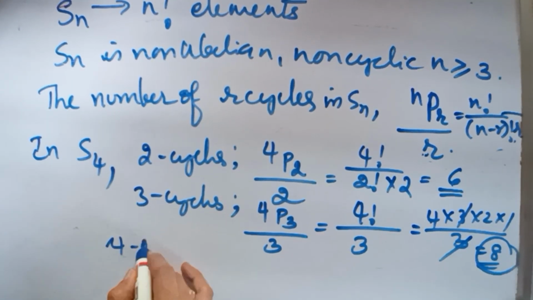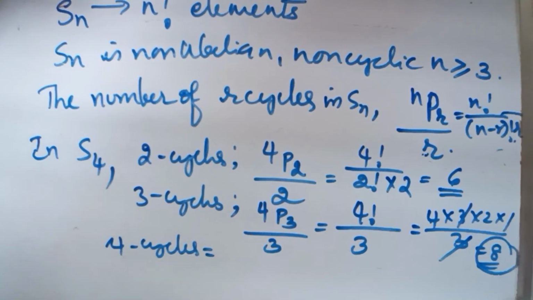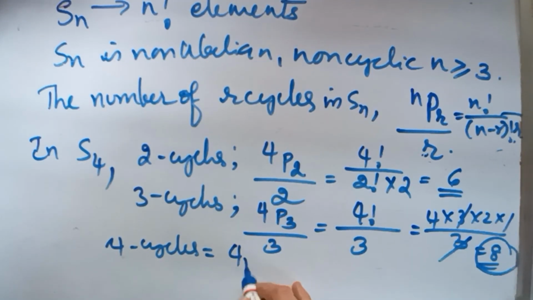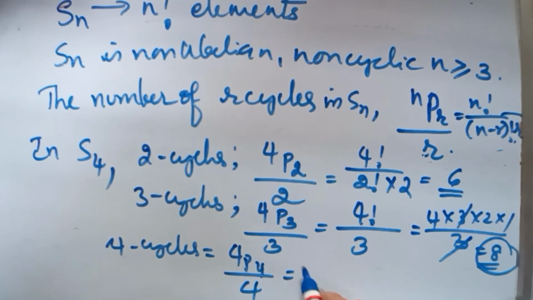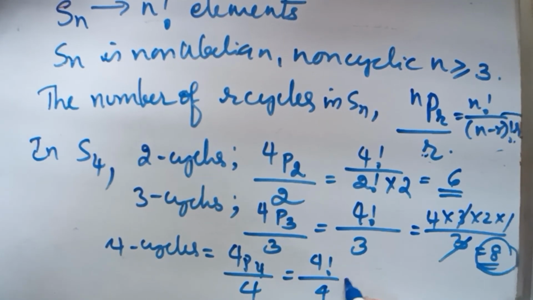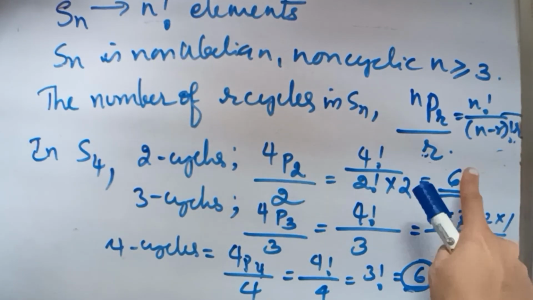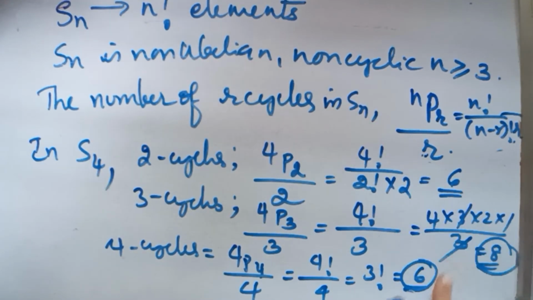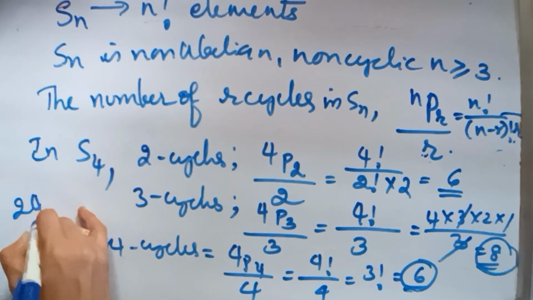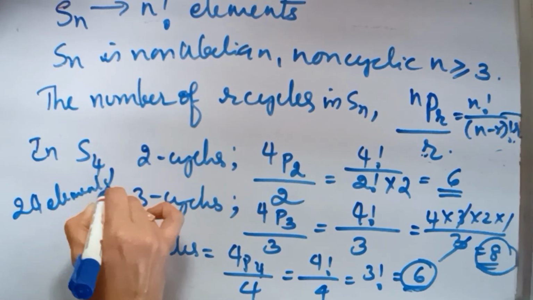So how many 4-cycles? 4P4 divided by 4. 4P4 means 4 factorial, divided by 4, that is 3 factorial, 6. You will have 6 four-cycles. So 8 plus 6 is 14, plus 6 is 20. But S4 has 24 elements. Then which are the other elements?